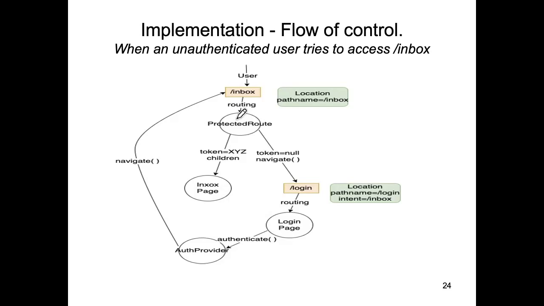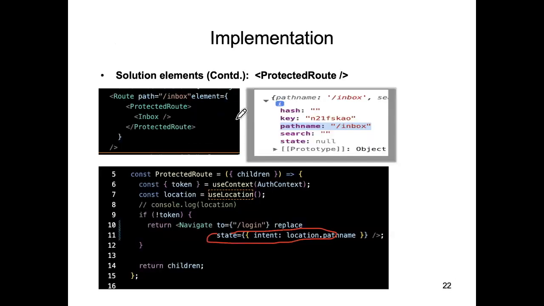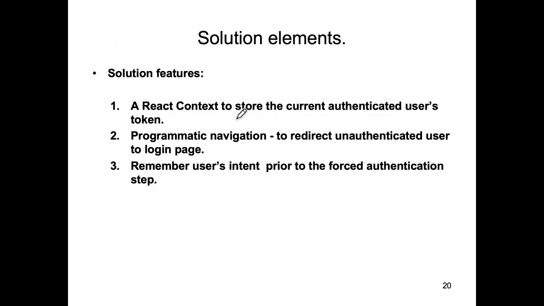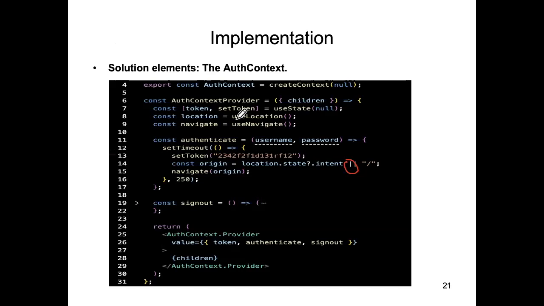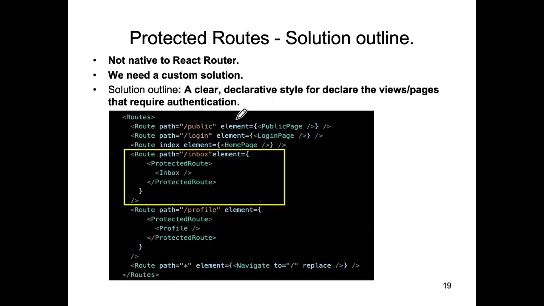It sort of intercepts the routing configuration. Now, if I go back, what I mean by that is, if the user tries to access the inbox, this component steps in and deals with the user's request before this happens. So it kind of intercepts.